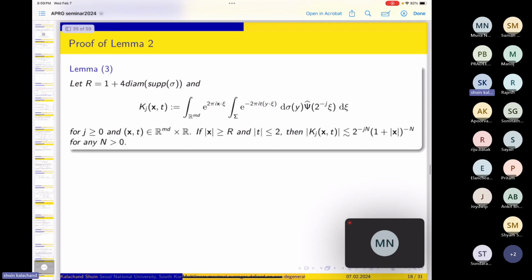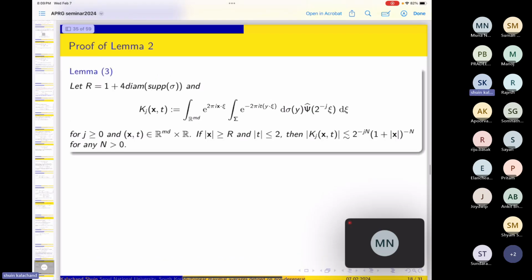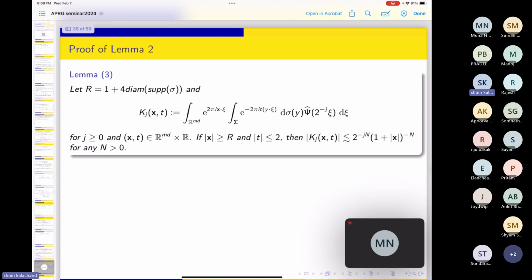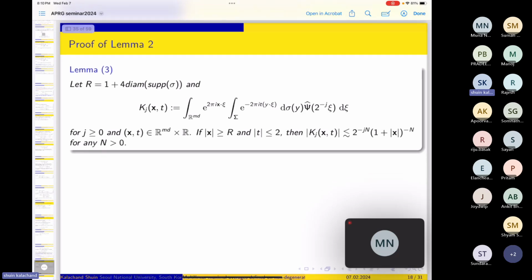Then we consider this function K_j(x, t), which is the kernel of the Fourier multiplier operator A sigma j. We claim that if |x| is greater than or equal to R and t is less than or equal to 2, then this kernel behaves very nicely: K_j(x, t) is dominated by 2^(-jN) times (1 + |x|)^(-N), where N is any positive number.